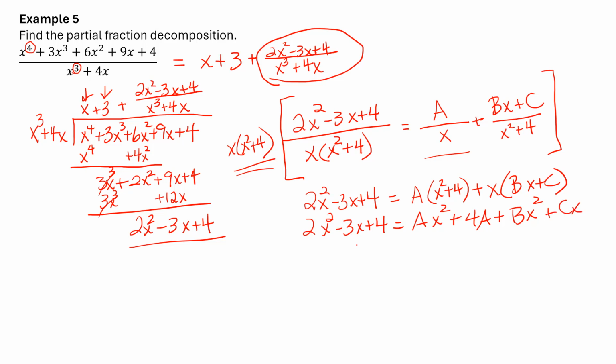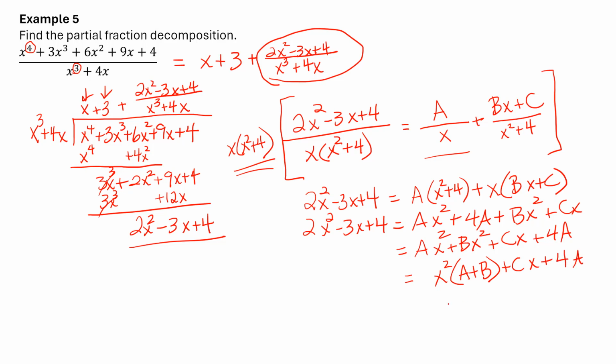All right, now if I arrange this with my x squared terms together and my x term next and my constant term last, it will look like this, and I can factor out the x squared here. So that'll be a plus b, and then I've got cx plus 4a.